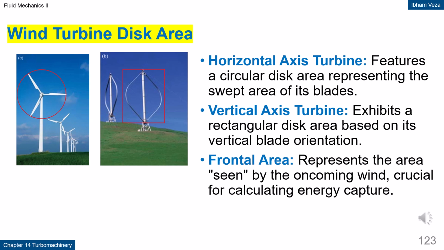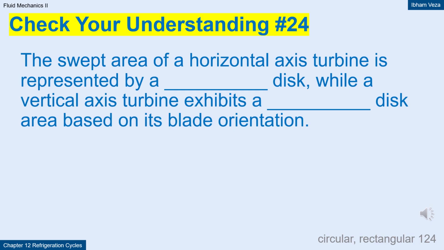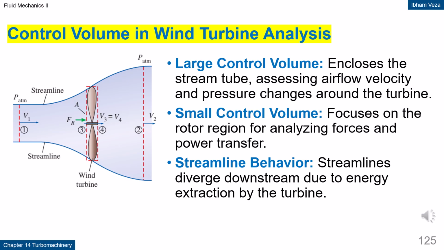This concept explains why rotor size strongly determines generating capacity. The swept area of a horizontal axis turbine is represented by a circular disk, while a vertical axis turbine exhibits a rectangular disk area based on its blade orientation.